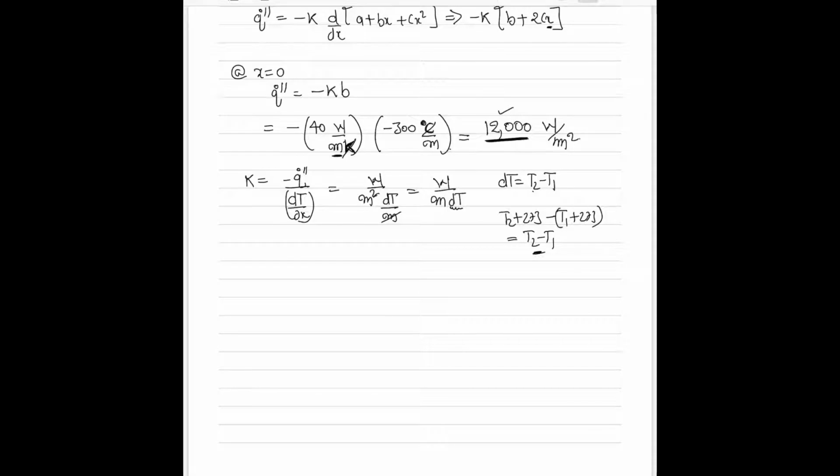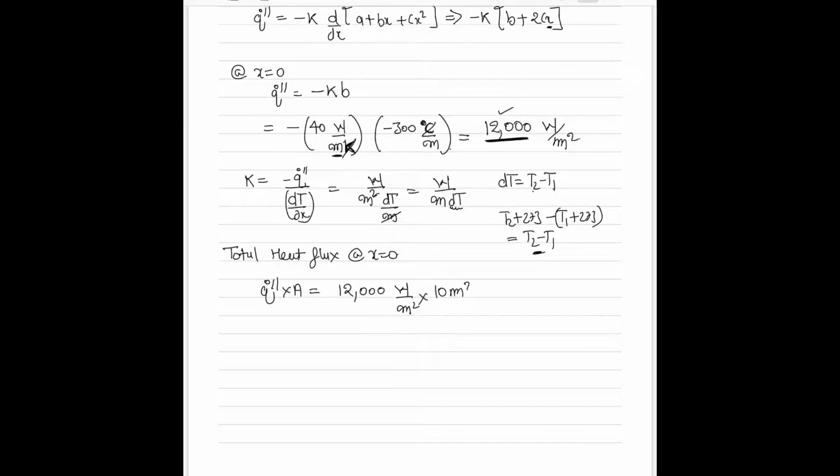So from here, at face x equal to 0, we have a heat flux of 12,000 watt per meter square. So the total heat transfer rate at x equal to 0 is given by heat flux times area.